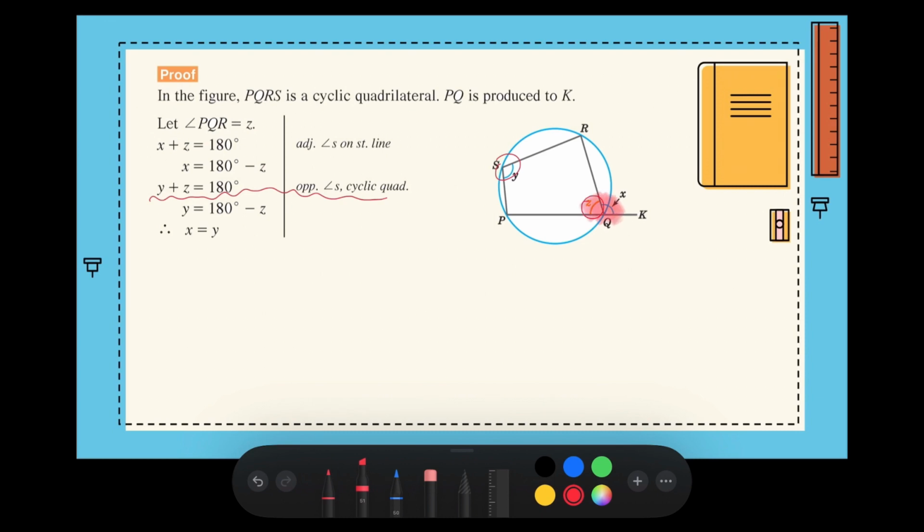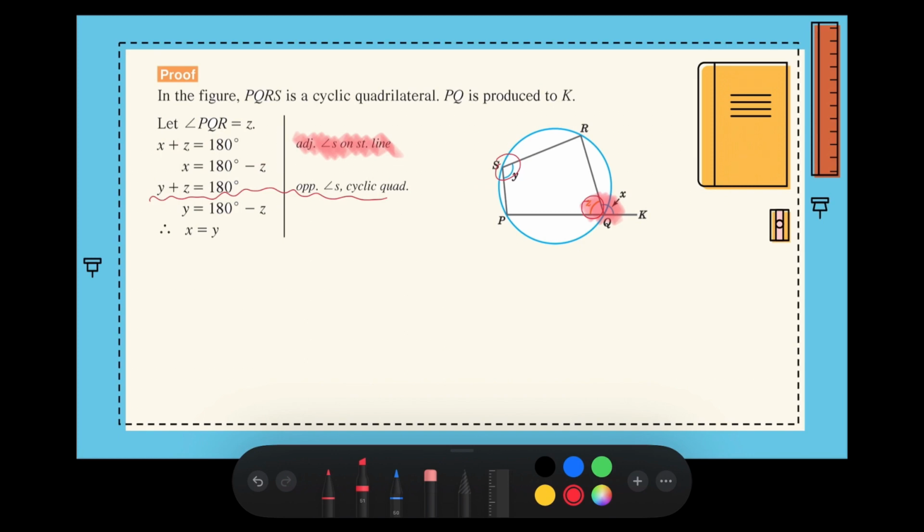And X and Z add up to 180 as well because of adjacent angles on a straight line. So if we put both equations together, you realize X equals Y. This is how we prove it.